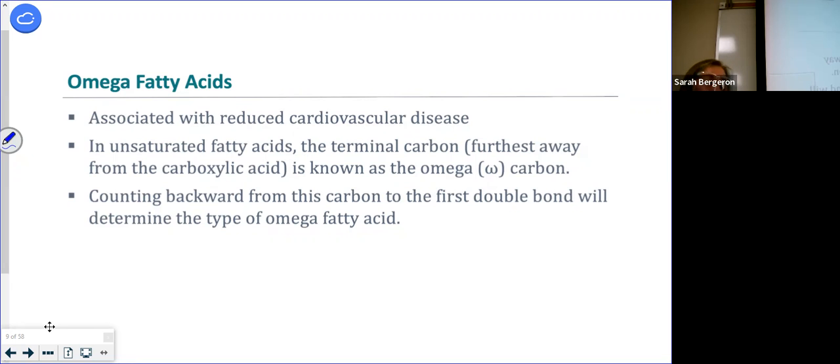This is what they think, they're not 100% sure, will change transcription of lipid metabolizing enzymes. So not that the fat itself is better or worse for you, it's just prepping your body to metabolize what you are eating, if that makes sense. So these are all essential fatty acids. What's the difference between a regular old fatty acid and an essential fatty acid?